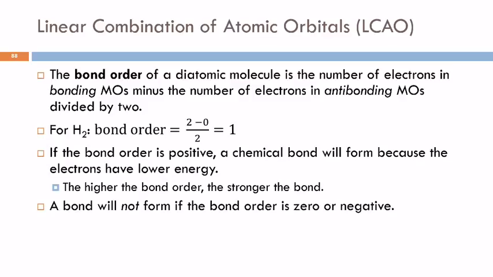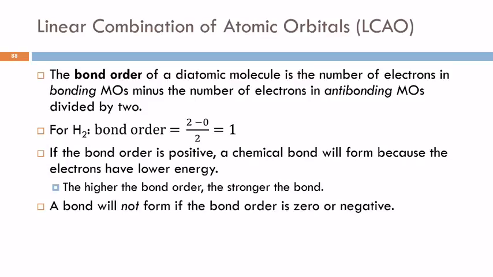If the bond order is 0, a bond will not form because there is no energy benefit to doing that. If the bond order is negative, that means it's higher energy for the electrons to form the bond, and they're definitely not going to do that. Okay? The higher the bond order, the stronger the bond.